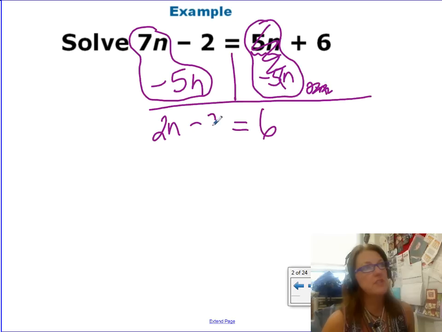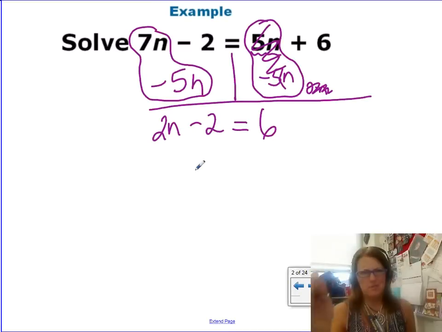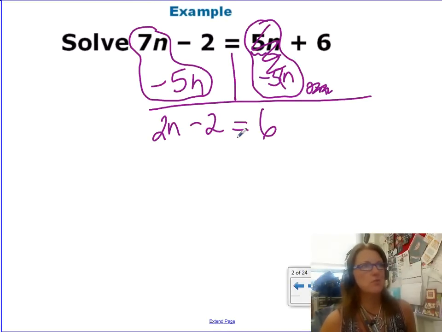I still have to bring down minus 2. Now, I've changed the look of this equation, but I've made it simpler by performing a legal move, which is that I can add or subtract or multiply or divide to both sides of the equation, and that keeps the equality intact. Now, sweet! This is a nice normal two-step equation.